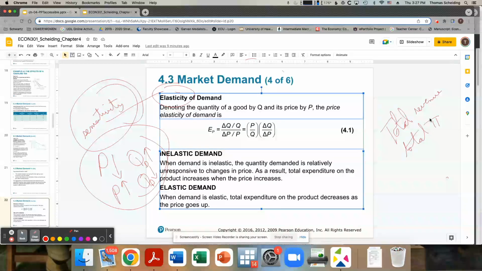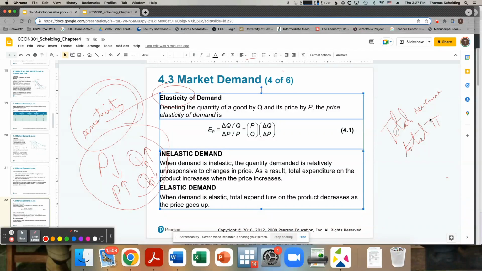Diapers as a whole are pretty inelastic. You need diapers if you have a baby, but you don't need Pampers, the particular brand, which is almost the same as Huggies, which is almost the same as, I don't know, the Up and Up brand or whatever that Target brand is.